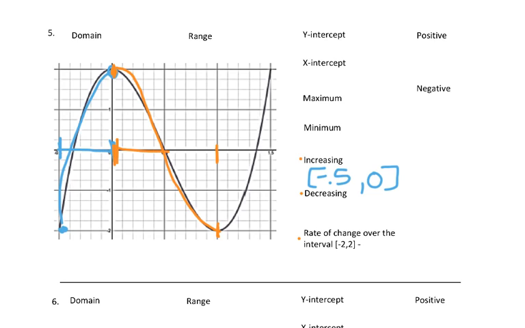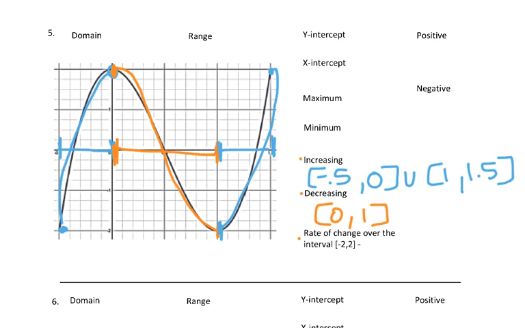So from 0 till we hit 1, we're now decreasing, 0 to 1. Then we start increasing again. So because we had to jump, we put the little u there. So starting at 1, I increase till I get to 1.5. So from 1 to 1.5, we're increasing again. Remember that little u here stands for that space that we jumped when we were going down.